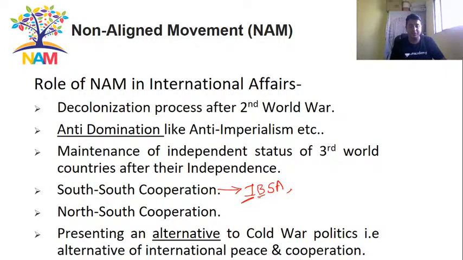India, Brazil, South Africa. Any other example of it?